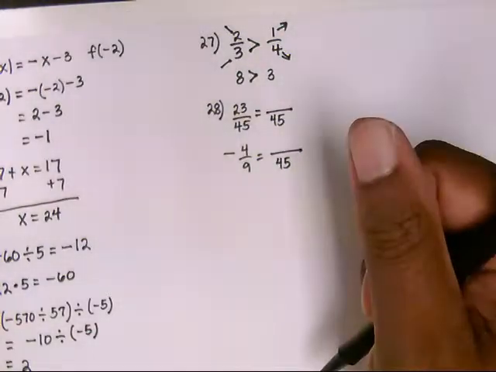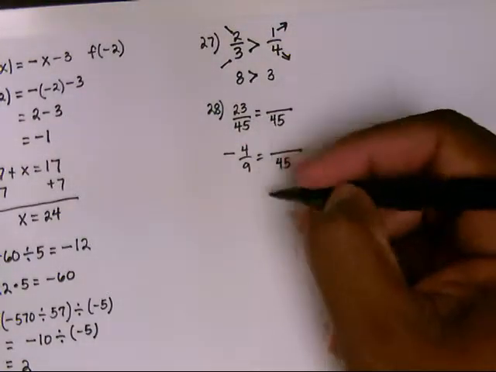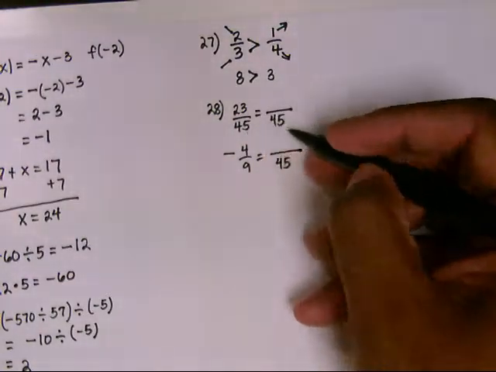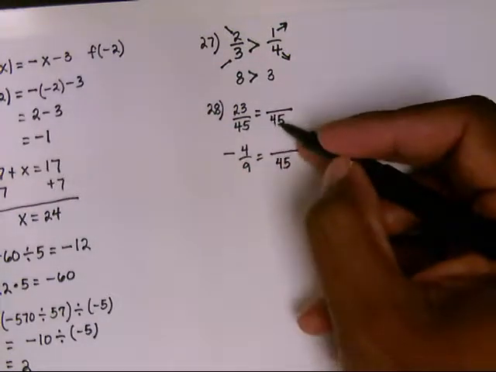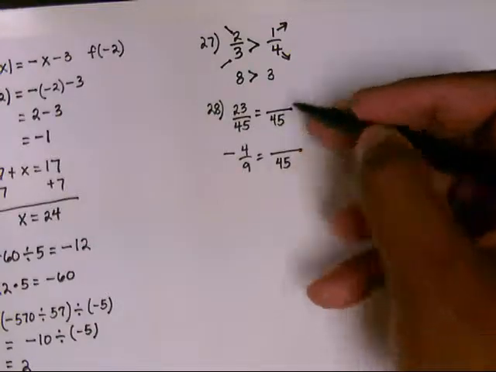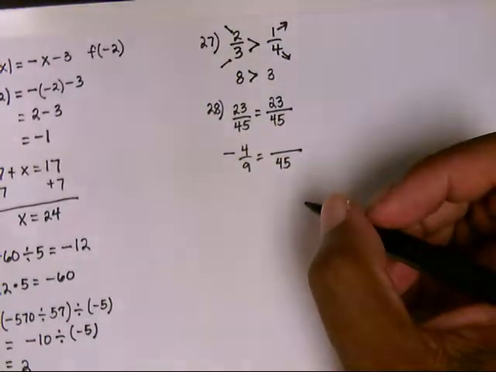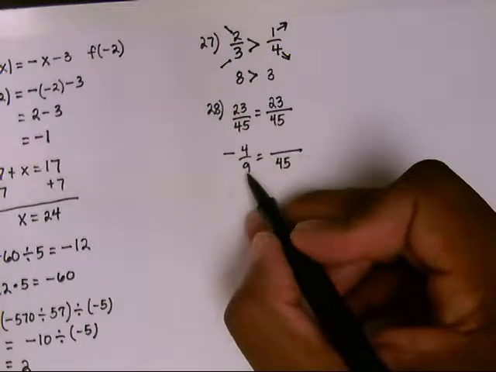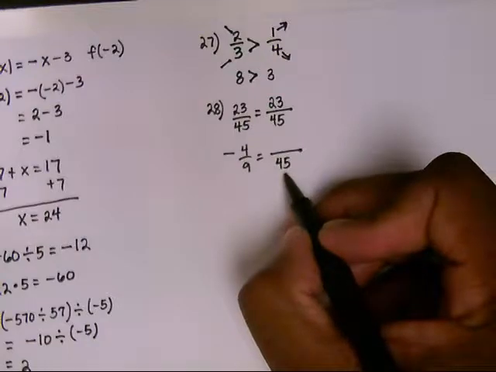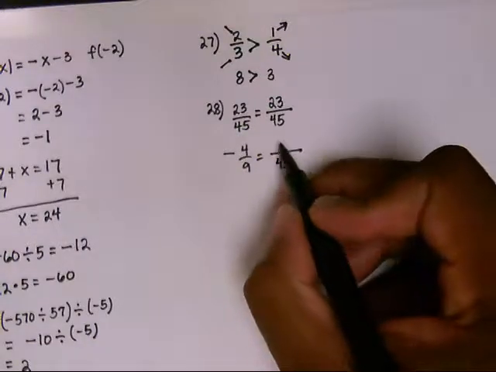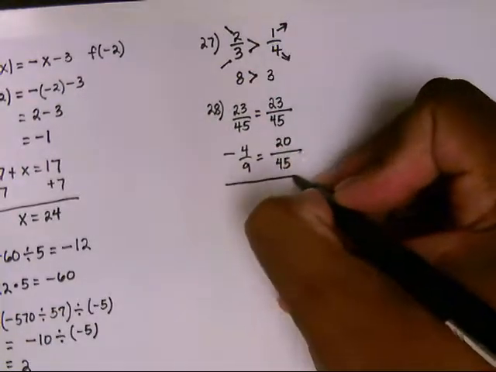Now I need to write equivalent fractions for these two fractions. For 23 over 45 with a common denominator of 45, 45 goes into 45 one time, so 1 times 23 is 23. Now for the 4/9 with a common denominator of 45, 9 goes into 45 5 times. 5 times 4 is 20.